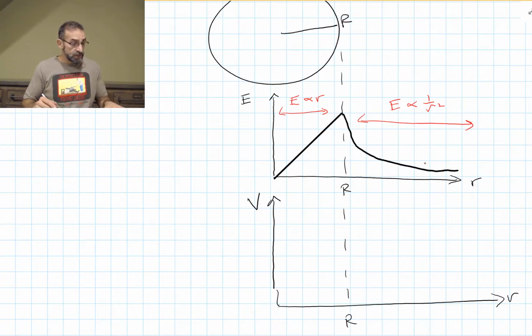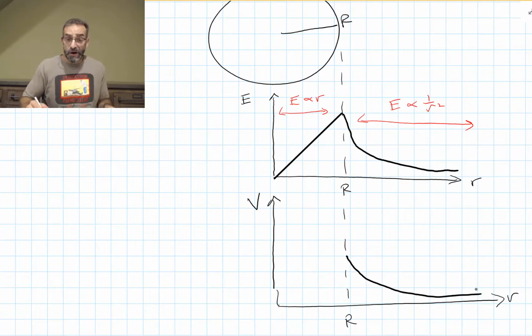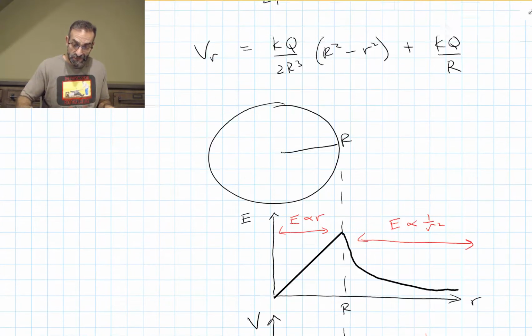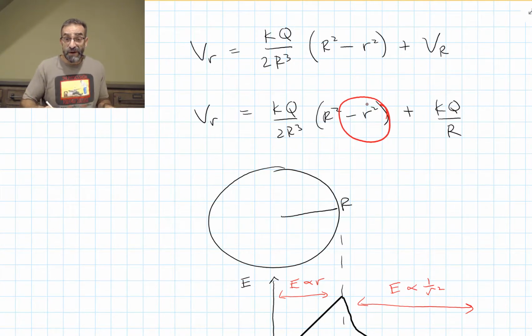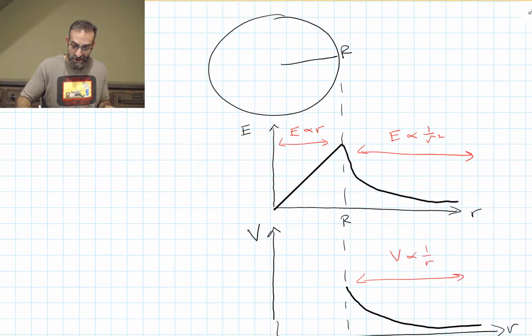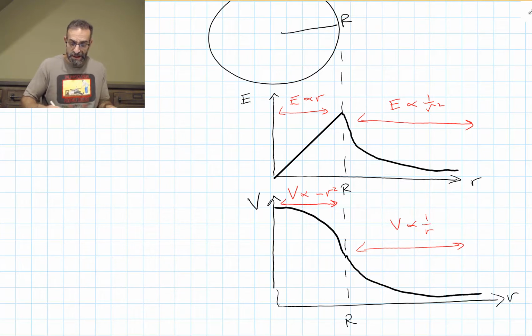The potential when we were outside of the sphere dropped off as 1 over R as we moved away from the sphere. But when we moved inside of the sphere, it was proportional to negative R squared. That means it looks something like this. V is proportional to negative R squared in this region here.